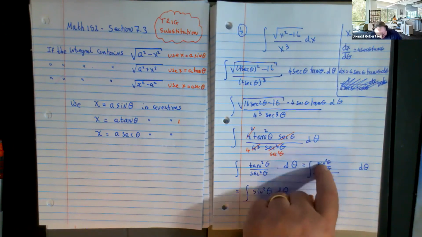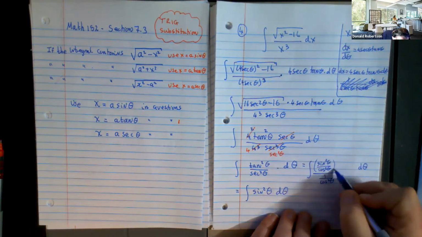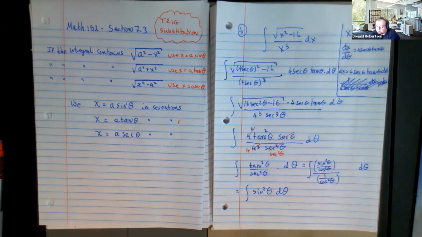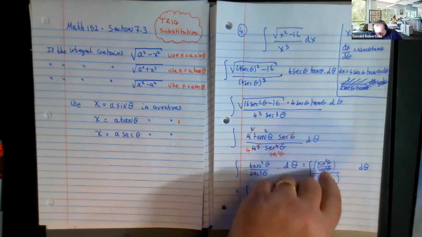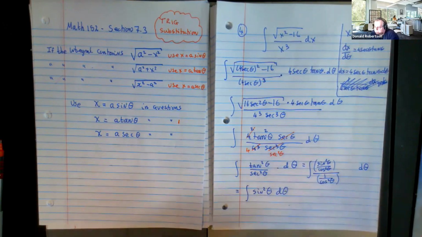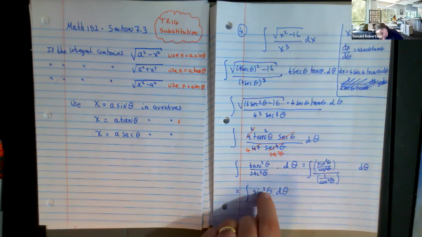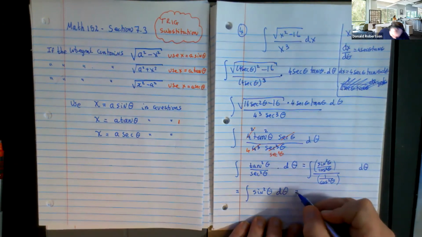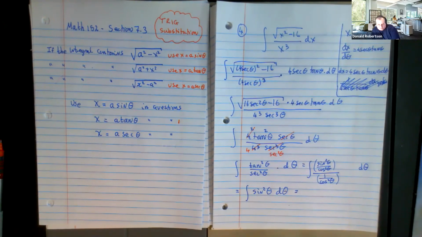Now, if you don't believe that, take this guy and divide him by that guy. Take this guy and multiply him by the reciprocal. Do you see the cos squareds cancel? Okay, back to this fella. Is there some other way of writing sine squared on its own? We did this on Monday.